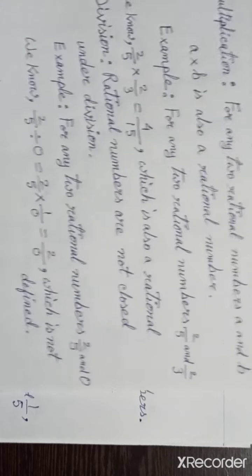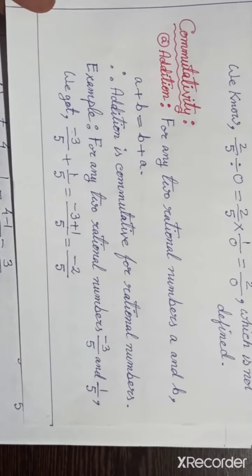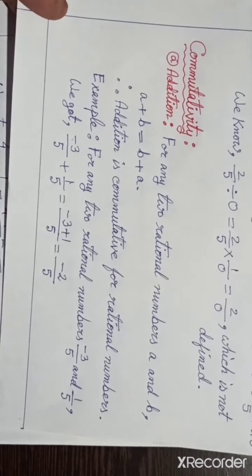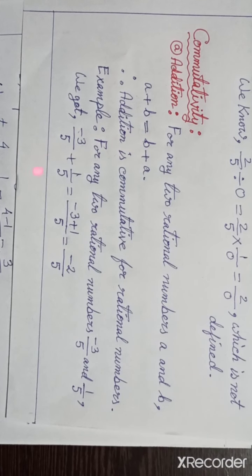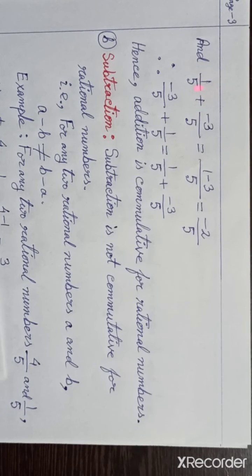Here in the first case, minus 3 by 5 and 1 by 5 are added together. Here I'm writing minus 3 by 5 first and 1 by 5 second, and we get the answer as minus 2 by 5. And in the second case, 1 by 5 is written first and minus 3 by 5 is written second.